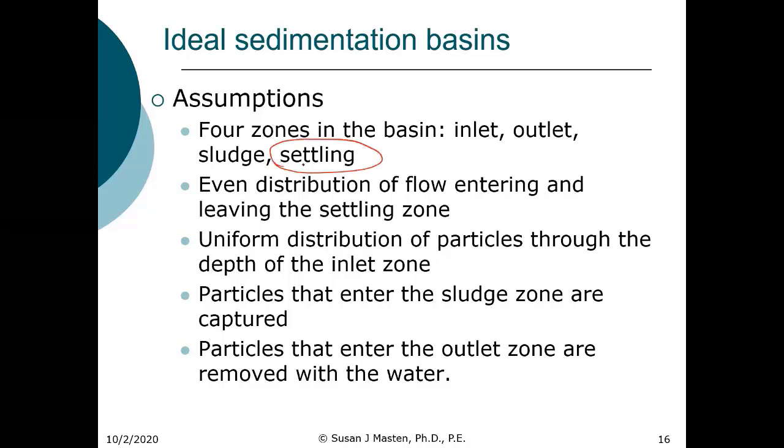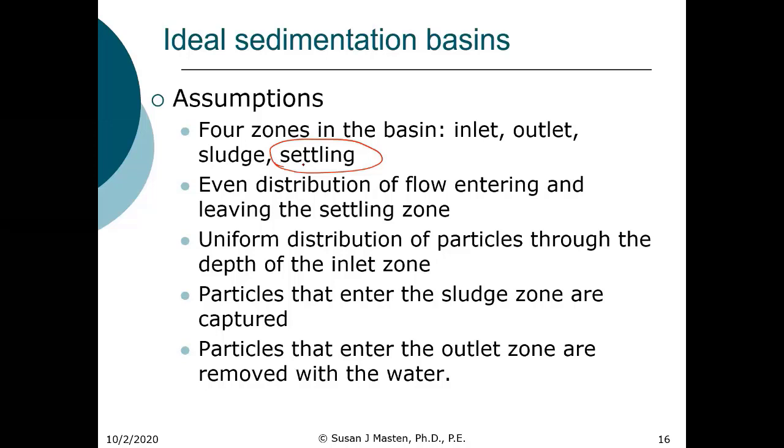Only in this settling zone do we have laminar flow, and do we assume that we truly have settling. We also will assume that the flow entering and leaving the settling zone is evenly distributed.